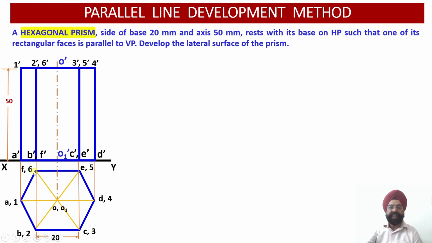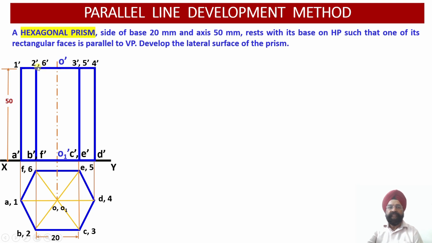But since the F6 dotted line projections have been overlapped by the solid line projections, the object line projections corresponding to B2, the projections B dash 2 dash will superimpose the dotted line projections of the vertical edge F dash 6 dash.